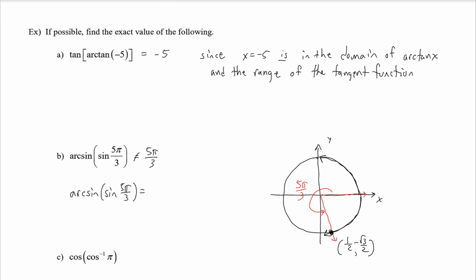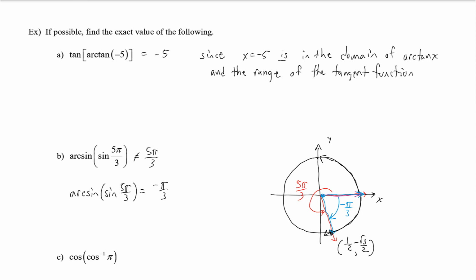So instead, why don't we do this negative angle? Why don't we just do -pi over 3, which would get me to the same coordinate. And -pi over 3 is actually allowed to be output by inverse sine. So this is actually equal to -pi over 3.